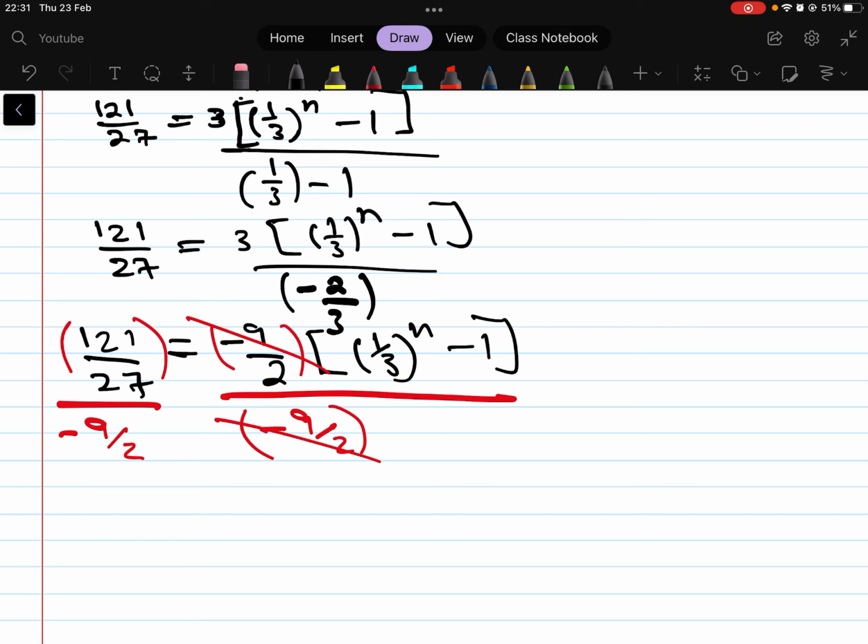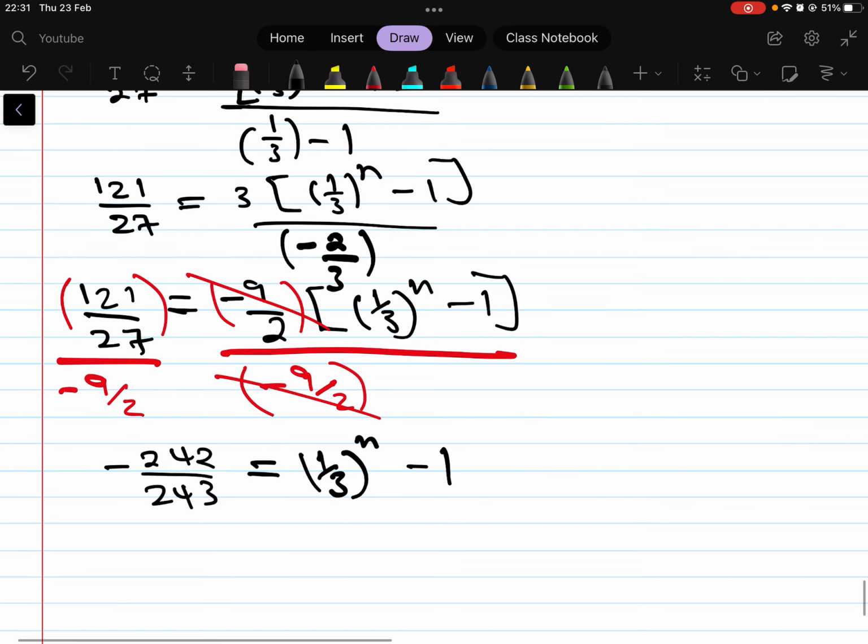What do you get? You get negative 242 over 243. That's what you will be left with. And then on the right hand side you have 1 over 3 exponent n minus 1. You move 1 to the other side, so you have what you have on the left hand side, plus 1.